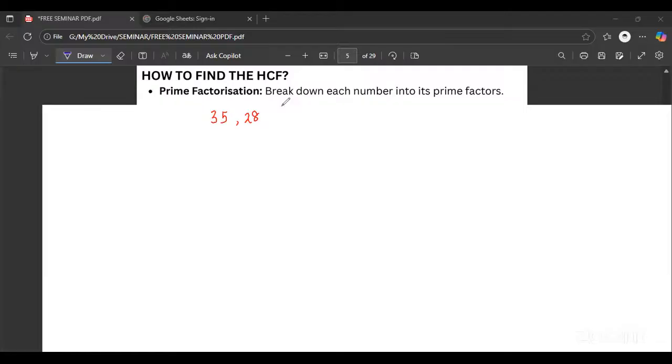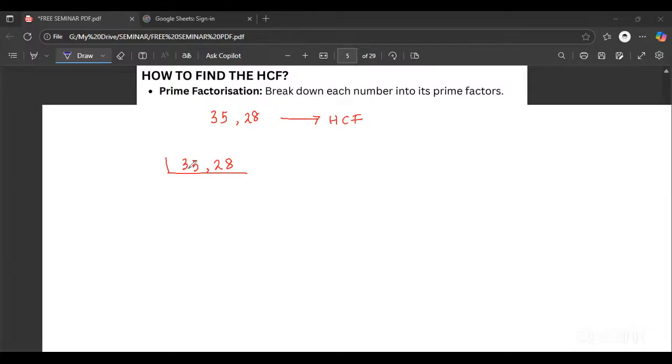I want you to find the HCF. You can use the ladder method here. 35, 28. Now say me a number which you can divide both of them by.